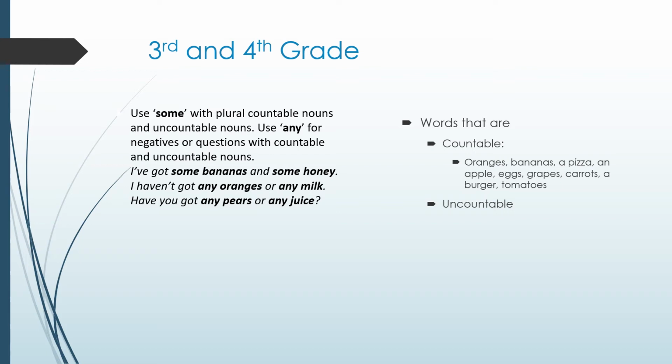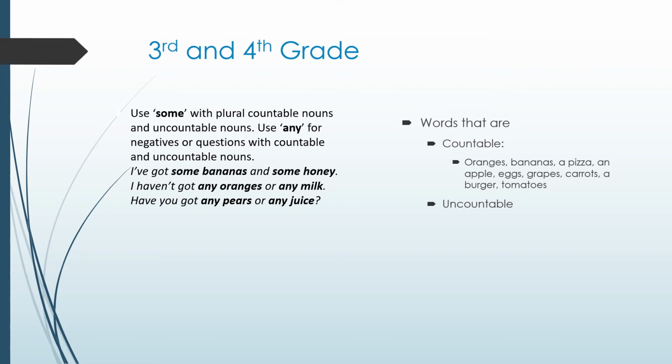You could also say I would like some oranges, I would like some bananas, I would like 2 pizzas, I would like some pizza, I would like an apple, I would like some apples if you use plural. I would like some eggs. I would like 1 egg. I would like 2 eggs. I would like 3 grapes. I would like some grapes. I would like some carrots. I would like a burger. I would like some tomatoes.